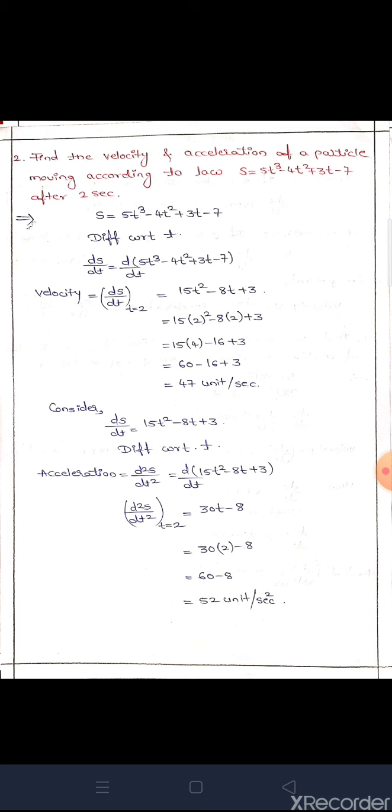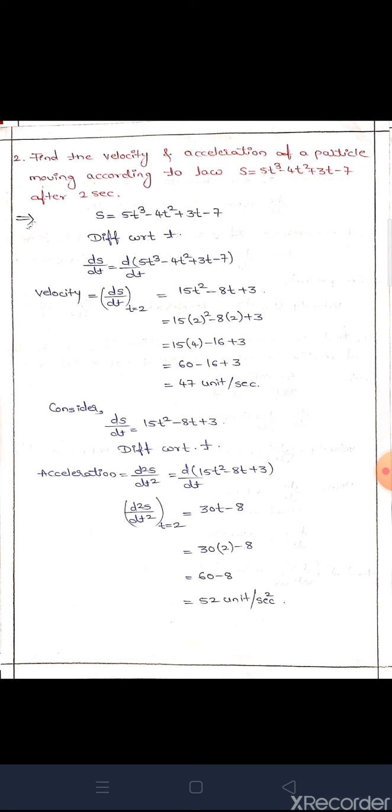So differentiate with respect to t, ds upon dt, that is nothing but velocity. So differentiation of 5t cube is 15t square minus differentiation of 4t square is 8t plus differentiation of 3t is 3 and differentiation of 7 is 0. Now wherever you are having t, put the value as 2.